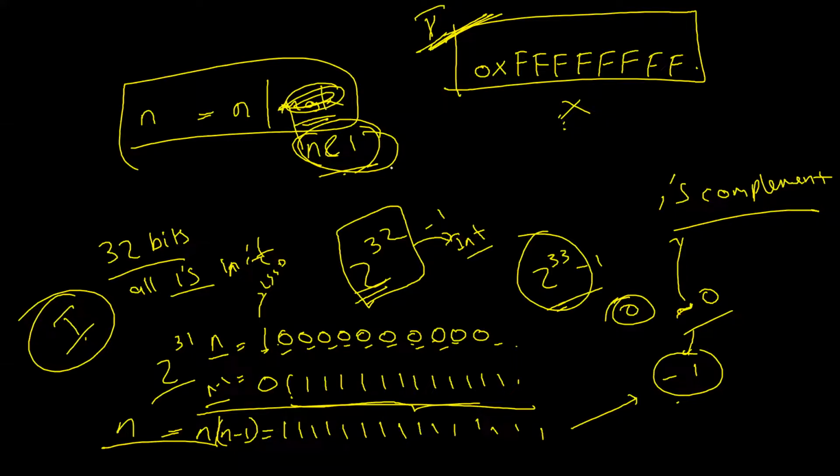So any number that is prefixed with 0 and x, it is a hexadecimal value.